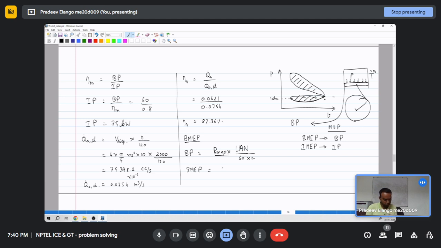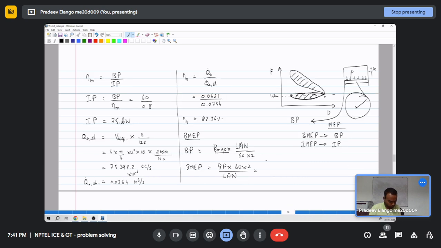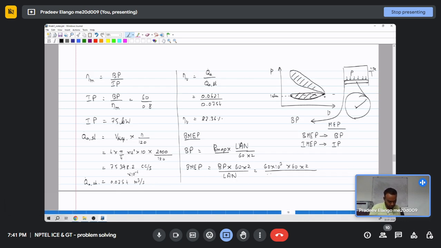So BMEP is brake power into 60 into 2 divided by LAN. Brake power is 60 kilowatt, so 60 into 10 power 3 into 60 into 2 divided by L. Stroke is 100 mm, so I write it in SI units, it is 0.1 meter.